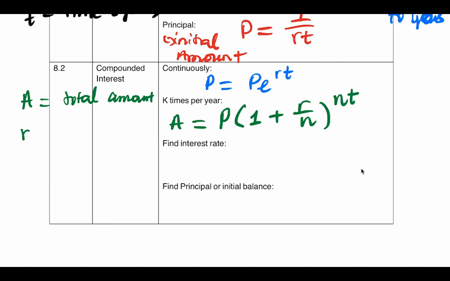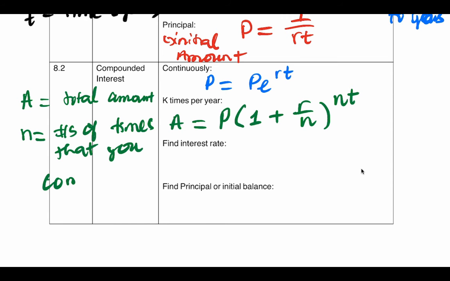The only new thing is N, which is the number of times that you compounded per year. Okay, so that's the formula you're going to use. N is the new one. It's how many, you will see that in the problem, they will tell you.